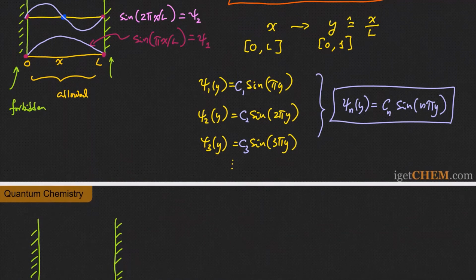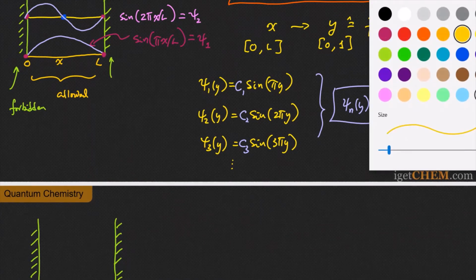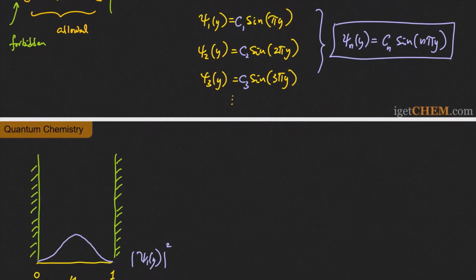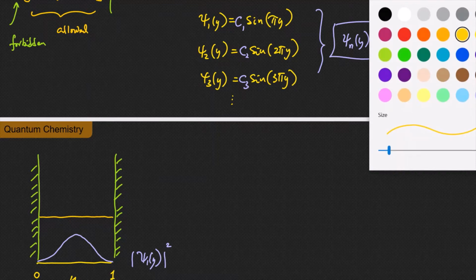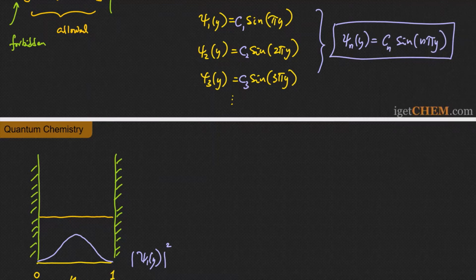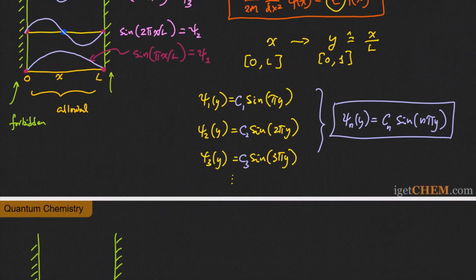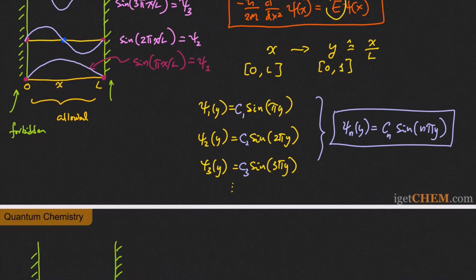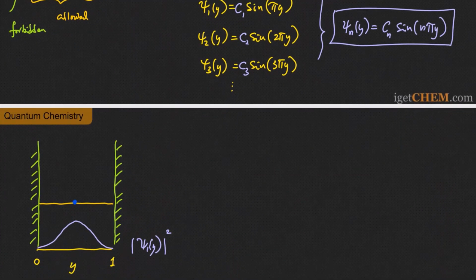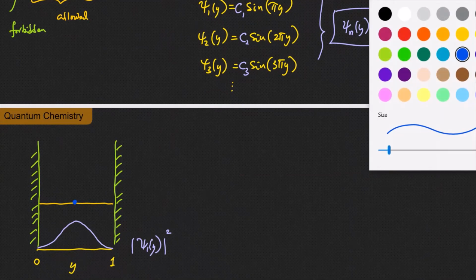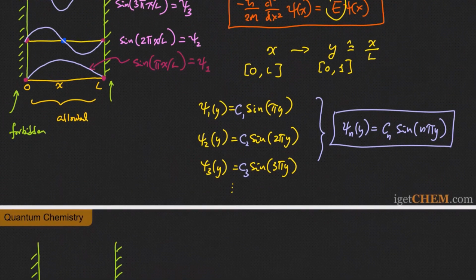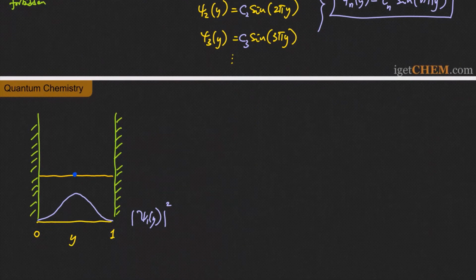And if you take the second one, that one would look like this. In this case, again, we remember there is a node right in the middle. So if you take that function psi 2 and you square it, it would look something like this. Clearly, once you square the psi 2, it becomes a symmetric function.